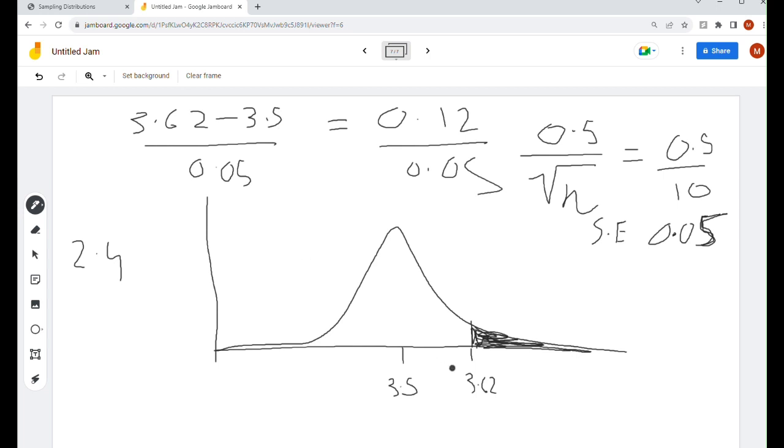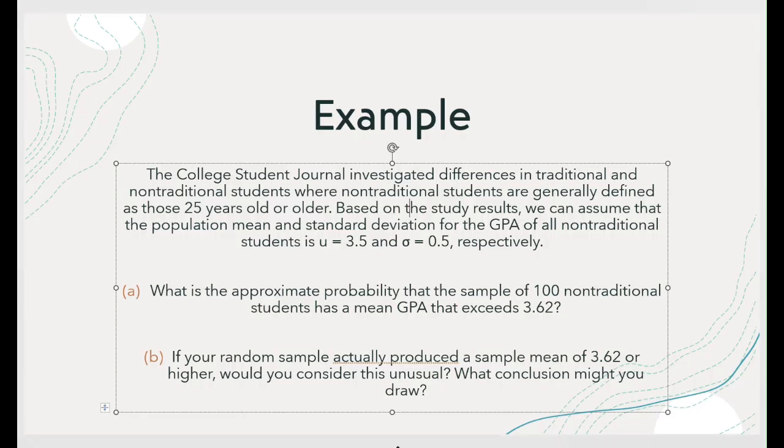So 2.4 standard deviations away, right? So now we know that 3.62 is 2.4 standard deviations away. So now we can just use the z-table to calculate our probability. So let's have a quick look at the z-table. Let me pull that up.